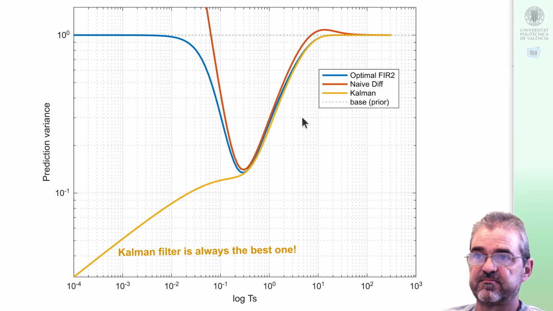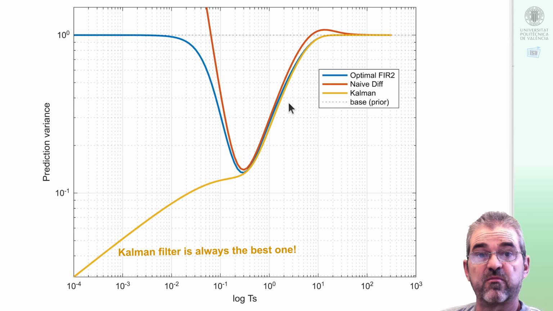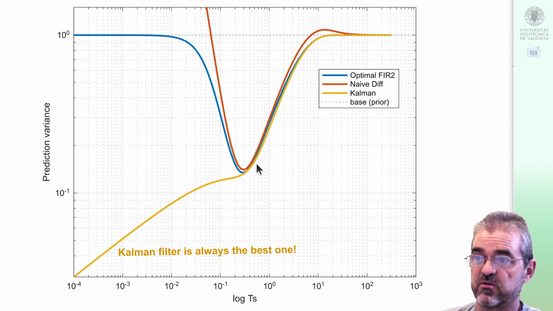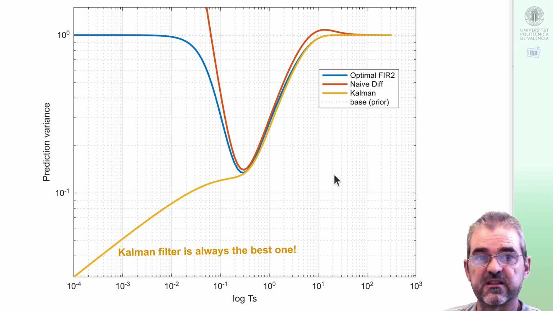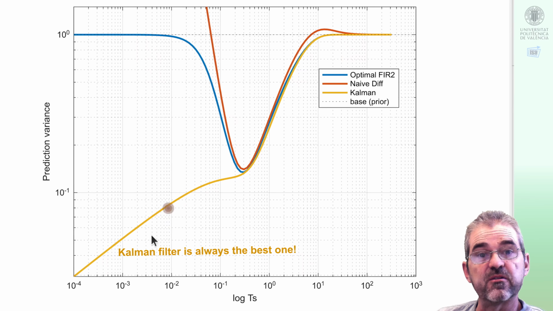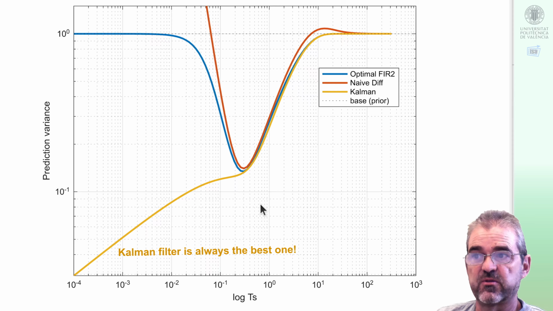Nothing can beat it. And we see that for large sampling periods, information from distant samples is not too useful because it gets roughly the same accuracy as just using one previous position sample. But for small sampling periods, Kalman filter is the clear winner, and the lower the period, the better accuracy we get, contrarily to the finite difference stuff.